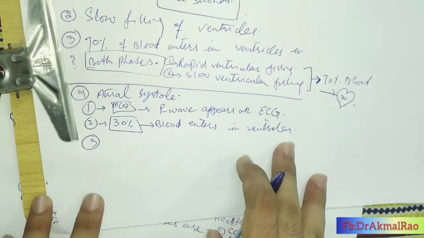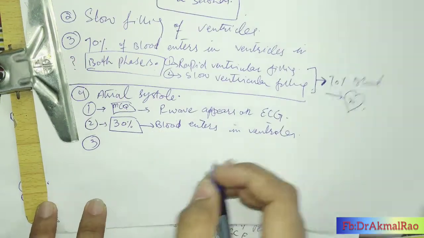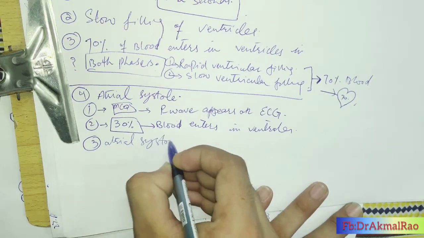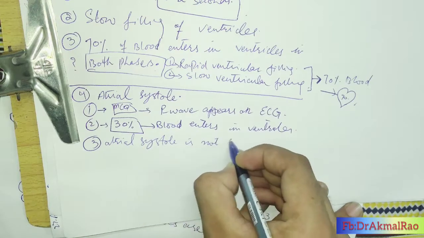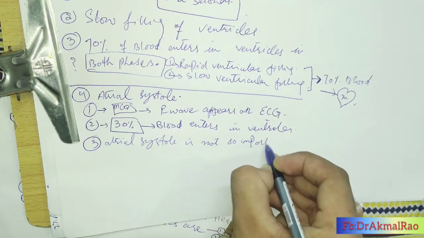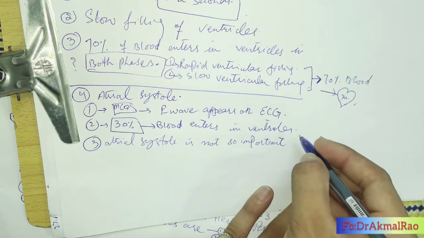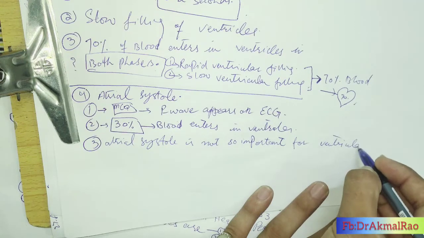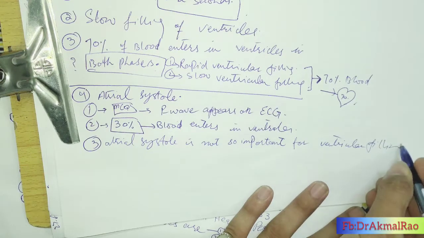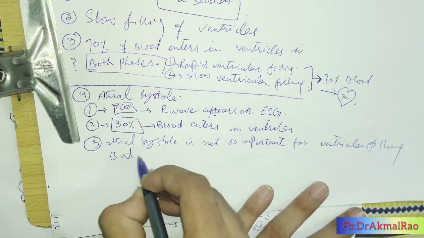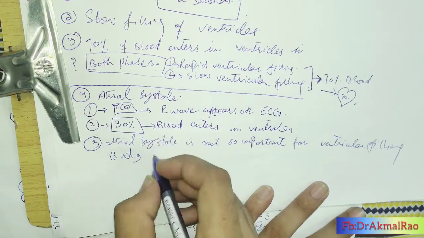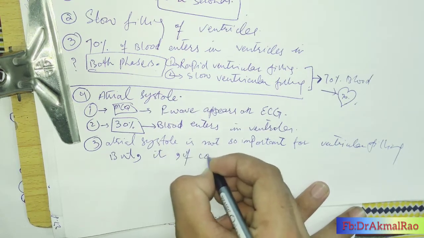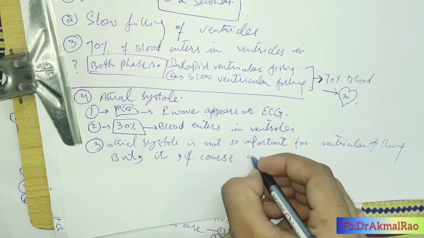The third point is the atrial systole is not so important for ventricular filling, but still, of course, it contributes.